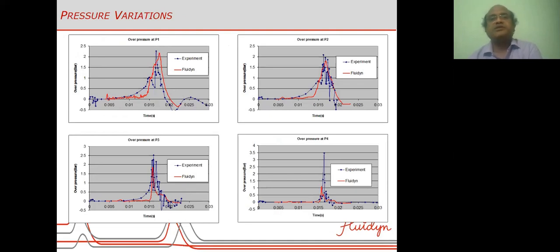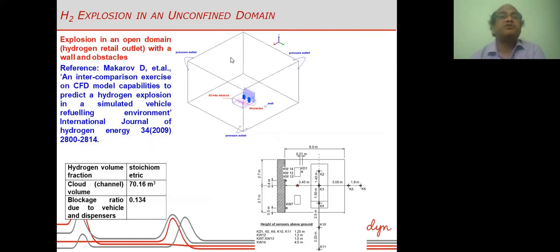In this case, the problem involves a possible explosion of hydrogen in a retail outlet. As all of us know, people are talking about the hydrogen economy, and there are going to be hydrogen outlets. Hydrogen is a highly reactive mixture.